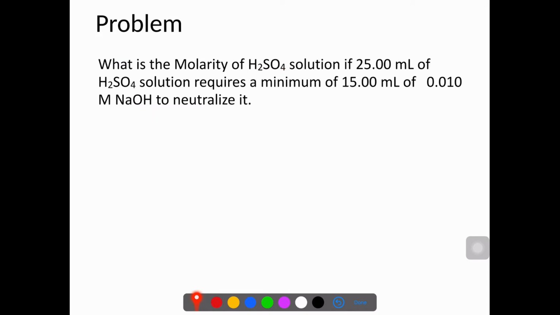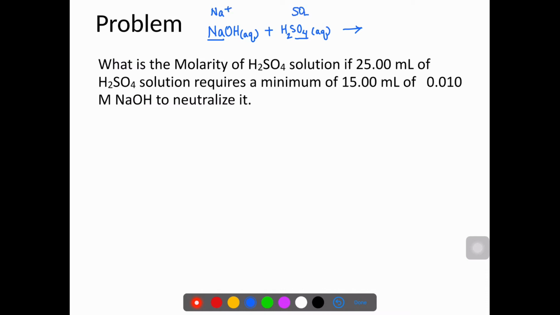So let's get the balanced equation first. So you have sodium hydroxide reacting with sulfuric acid. And this is an acid-base reaction, base reacting with acid. So your products are going to be salt. The salt here is sodium sulfate. But be careful, you have to write the correct formula for sodium sulfate. Sodium ion is Na plus.